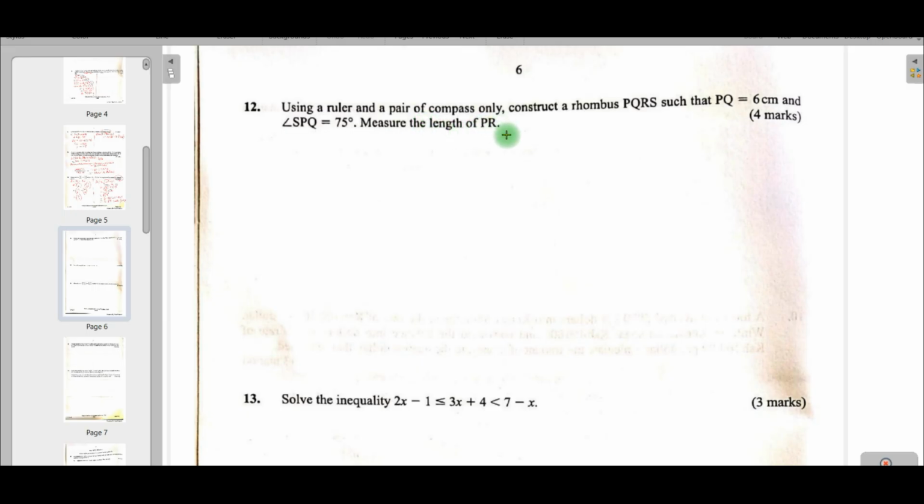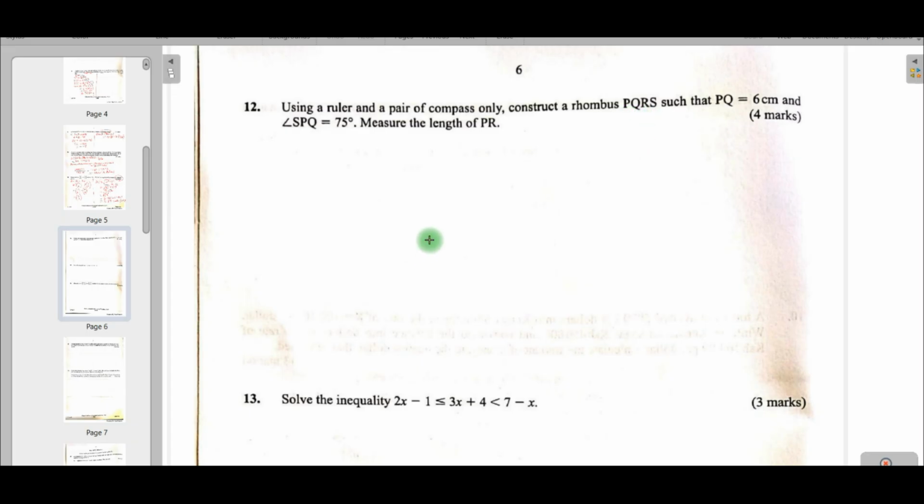Measure the length PR. So I'm going to make a sketch of what we are expected to have. Then from there we draw. So we are supposed to use a ruler and a pair of compasses.